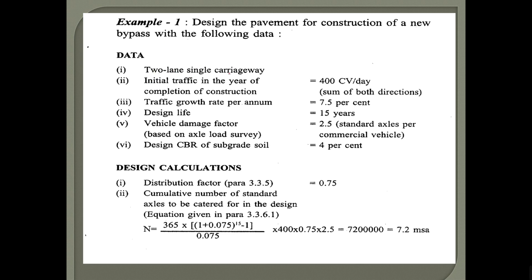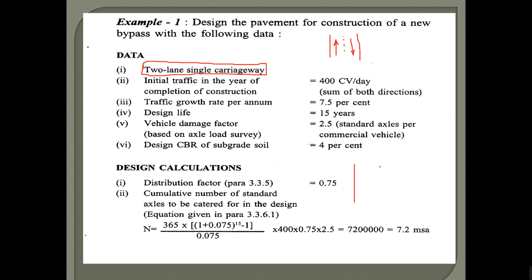Say for example, if it is considered to be 2-lane single carriageway, what does it mean? 2-lane single carriageway means this is the median, this is one-way traffic, and this is the other way traffic. I'm not talking about the 2-lane dual carriageway. You can refer to 2-lane dual carriageway.